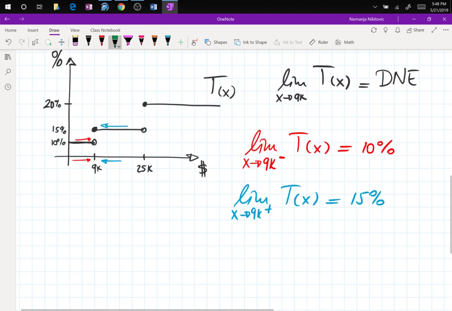So now, these two are not the same, meaning because they're not the same, the overall limit does not exist.